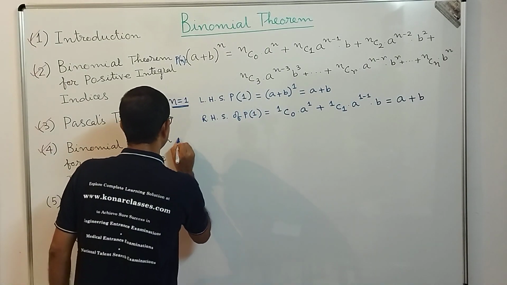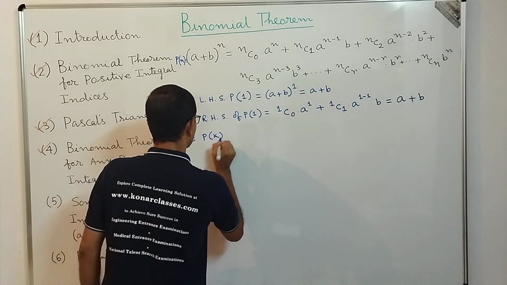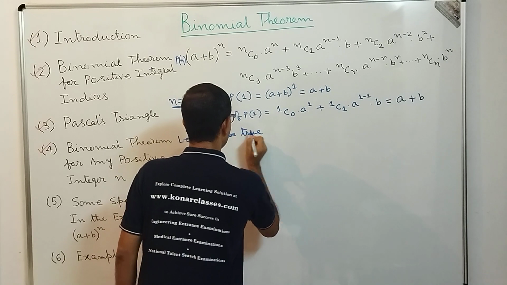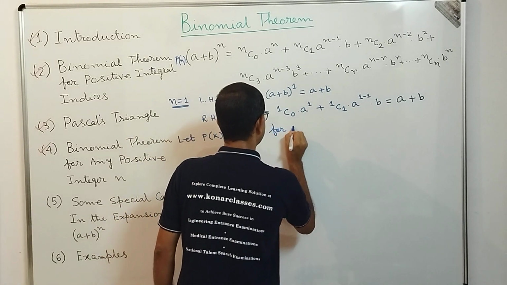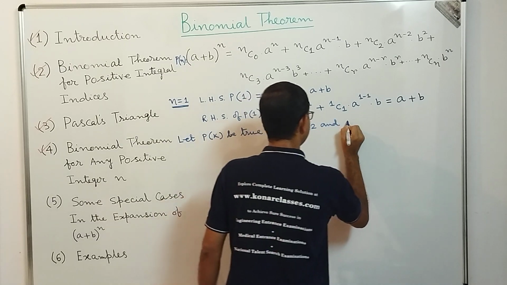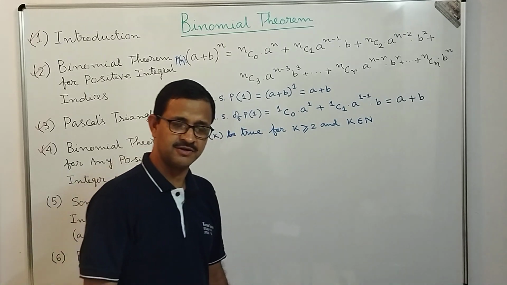Now let us assume that Pk is true, for k greater than or equal to 2 and k belongs to N, that is the set of natural numbers.